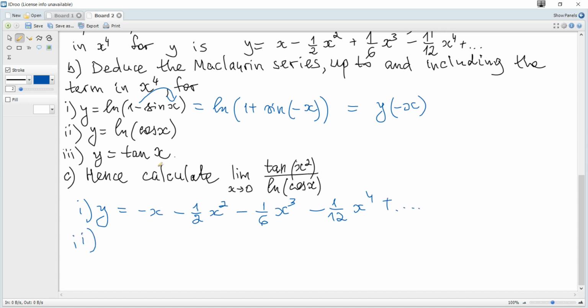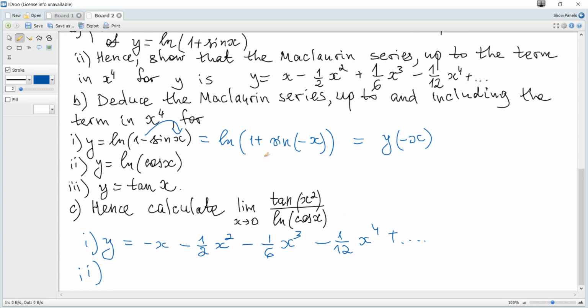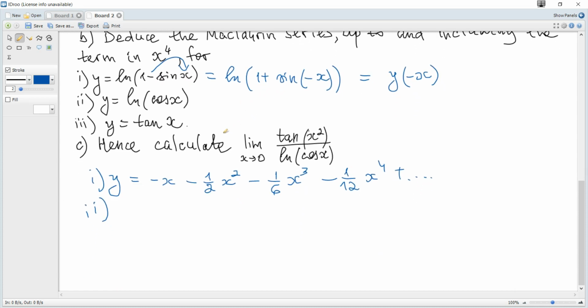The next, ln of cosine x, and we need to connect cosine and 1 plus sine or 1 minus sine. And what do we know? We know the trigonometric identity that sine squared plus cosine squared is 1, and we usually use this formula if we need to connect sine and cosine.